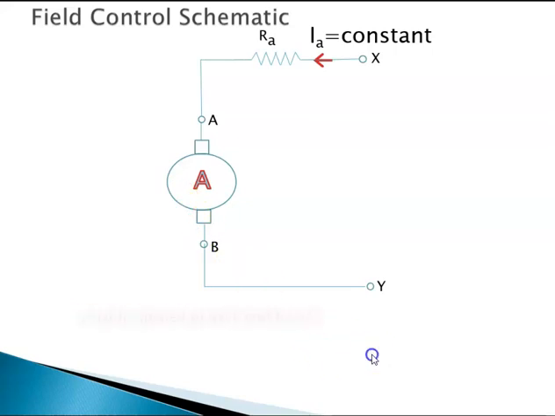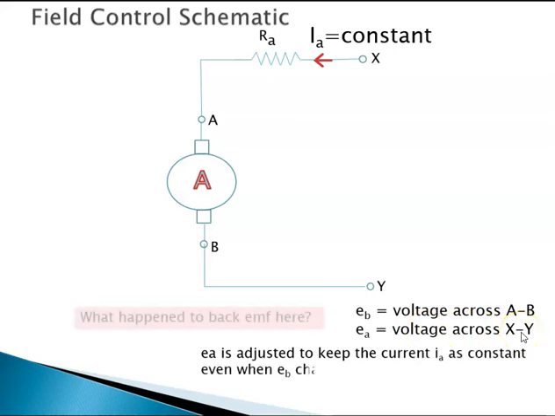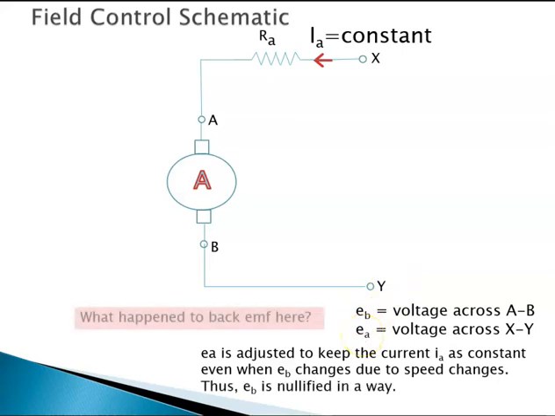Here EB is the voltage between A and B, and EA is the voltage across X and Y. We adjust EA in such a way that whatever the changes in EB, the current IA is constant. Thus, the action of EB is nullified.